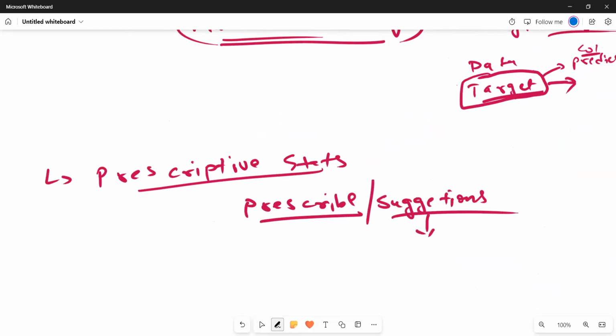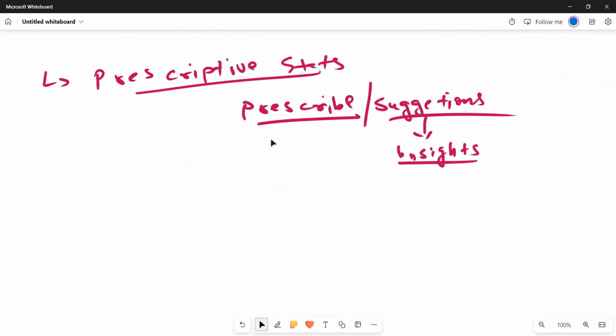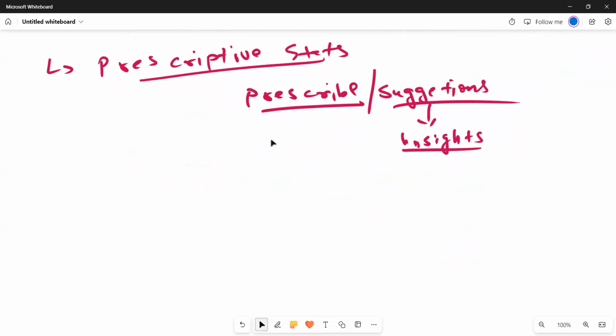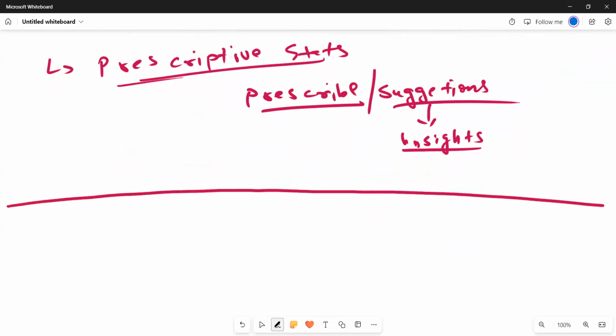From the insights you have from the data analysis or the machine learning models, you'll prescribe or suggest some improvements that can be made to the current business model so that you'll be able to make better predictions, grow your business, and eventually attract more customers. So this falls into the window of prescriptive statistics. Let's get back to our original topic, which is that today we are going to discuss moments.